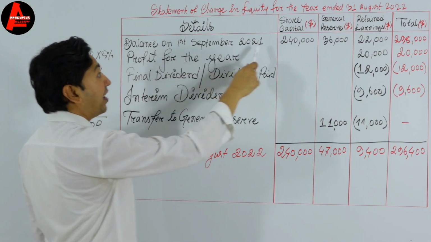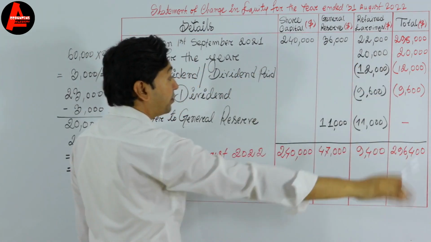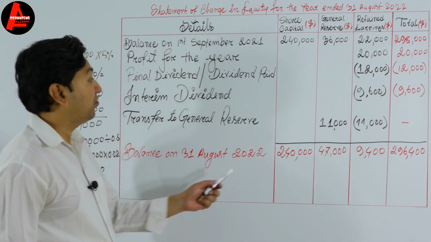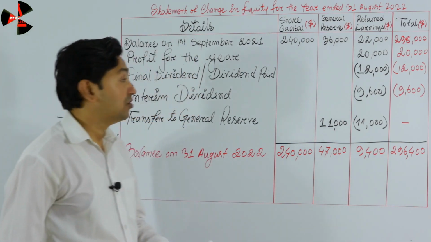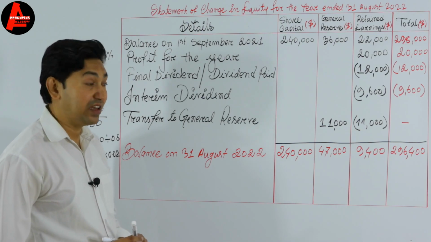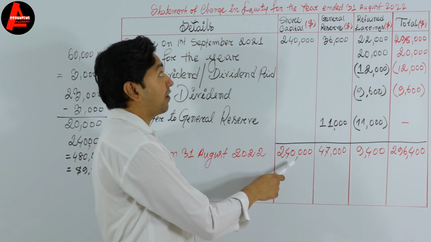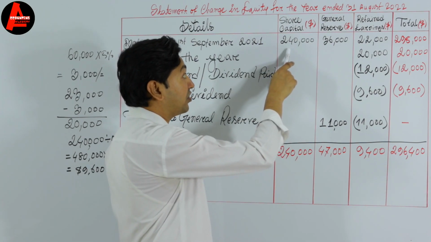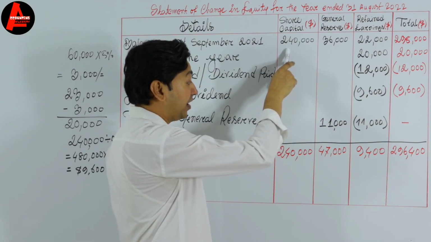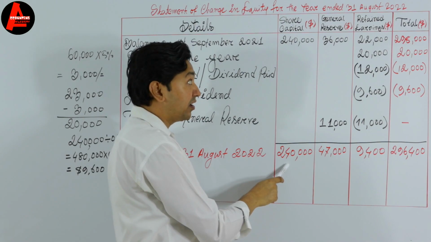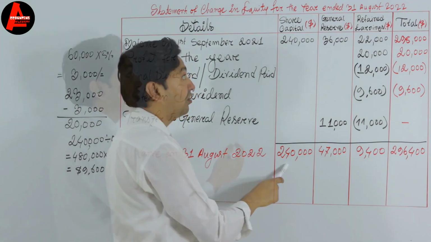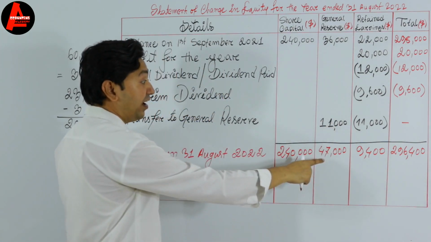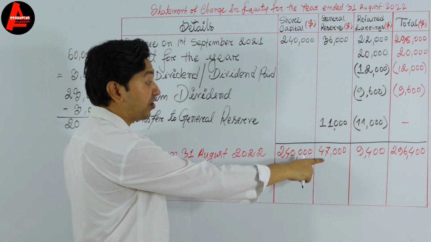Okay, so this is the statement of changes in equity. These are the balances at the beginning of the financial period, and at the end of the financial period we have these balances. So what changes do we see here? There is no change in share capital. It was $240,000 at the beginning, the same amount at the end of the financial year. Here we have opening balance $36,000, but at the end we have $47,000.